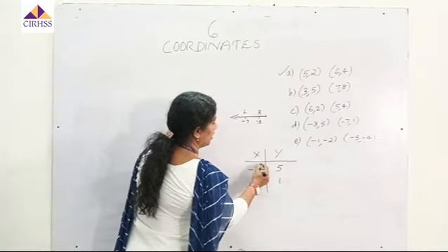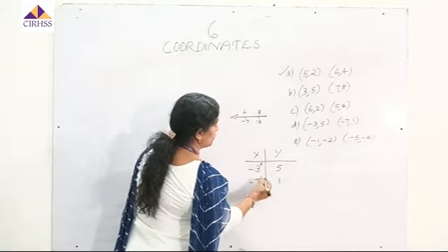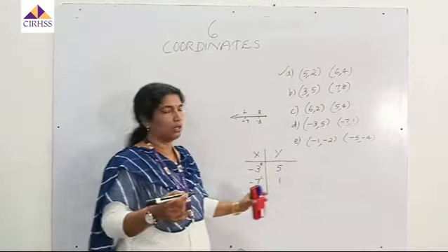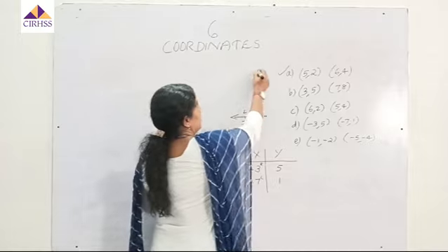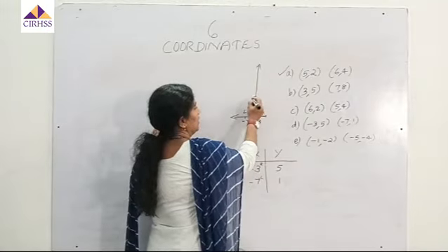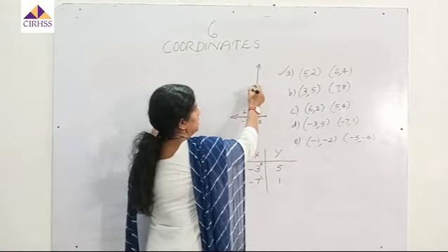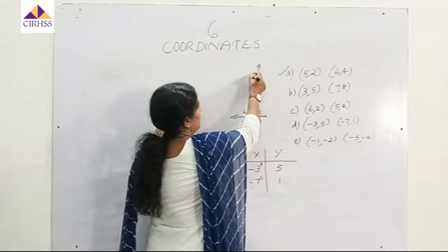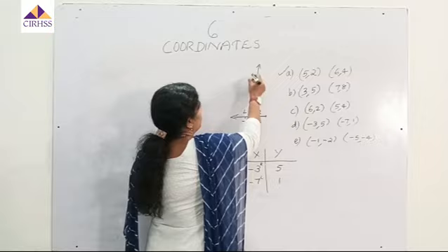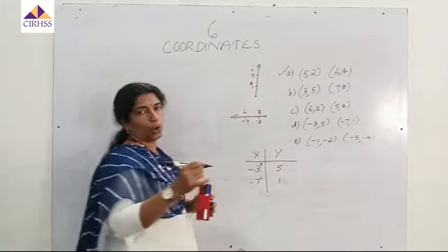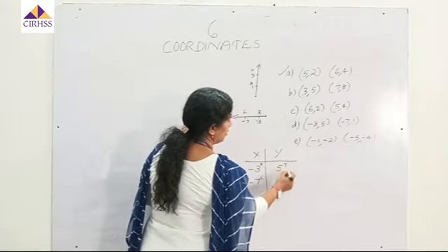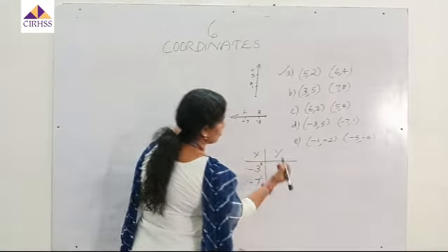Then right, left. Next one, 5, 1. Then on the next axis, 1 is in the bottom place and 5 is in the top place. Bottom, top.